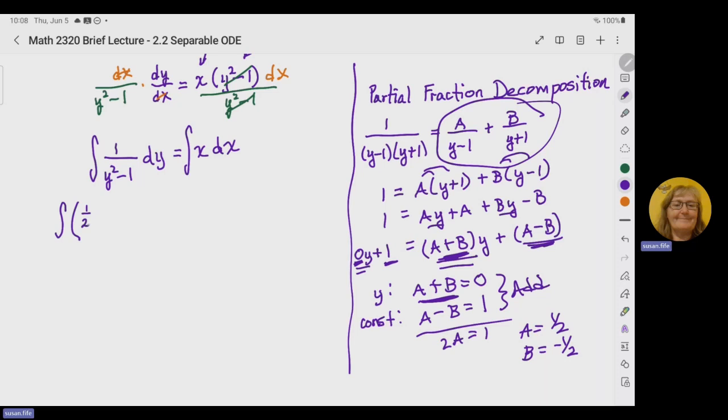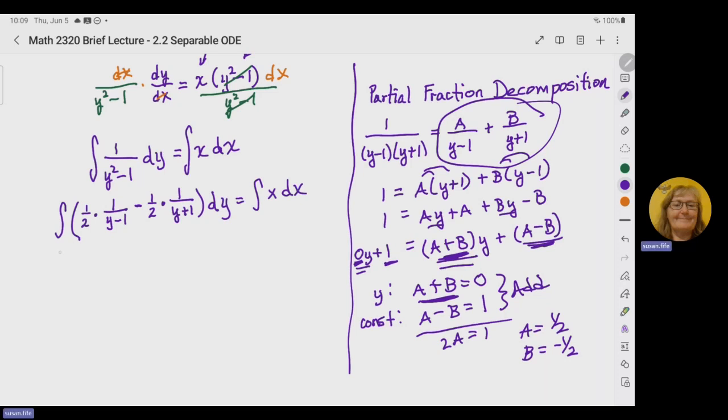So I've got 1/2 times 1 over y minus 1. B is negative 1/2, minus 1/2 times 1 over y plus 1. And I'm integrating that with respect to y. On the right side, I'm integrating x with respect to x.